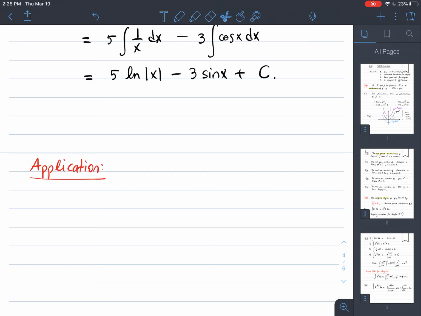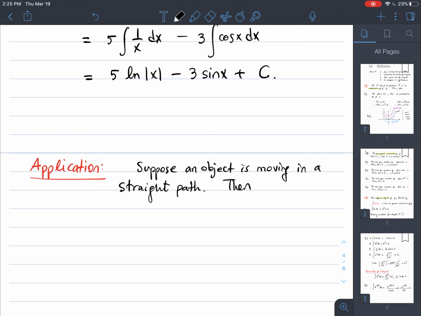So suppose an object is moving in a straight path. Then we have the following.